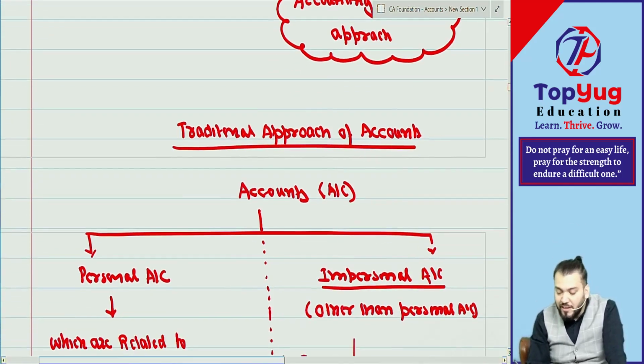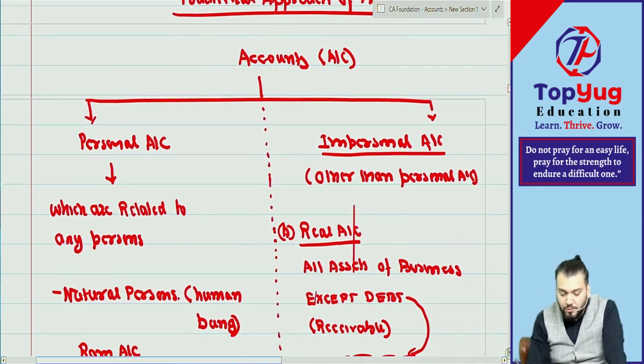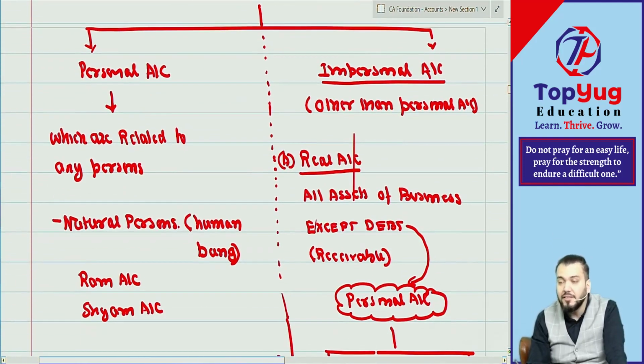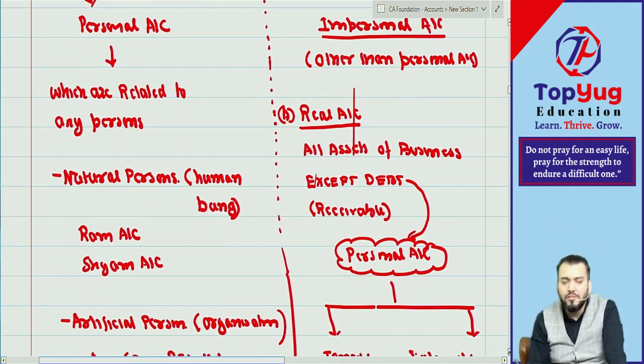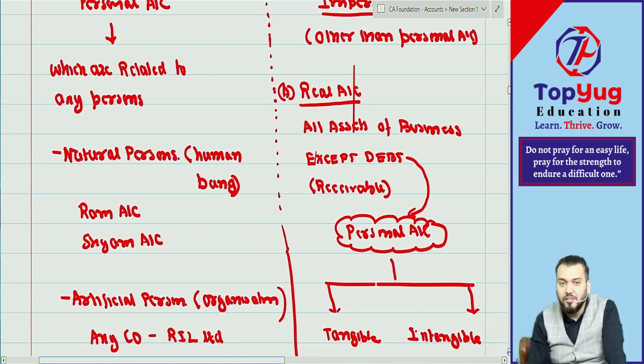So as per traditional approach, accounts are of two types. One is personal account, other is impersonal account. Personal account, you have understood, are those related to any person. Now this person can be either natural person, artificial person, or representative personal account also. So representative personal account means that account which represents either a single or group of natural or artificial persons.